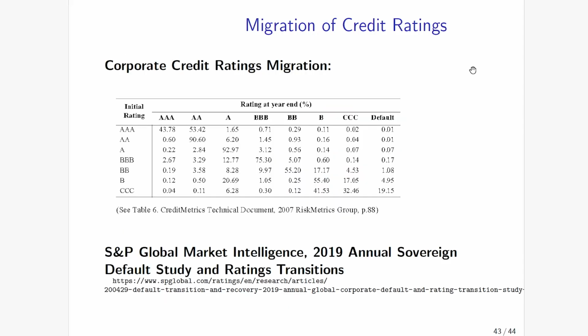And here's a table of migration probabilities from one year to the next. And one can see that AAA initial ratings had only a 43% chance of staying AAA at the end of that 1 year.